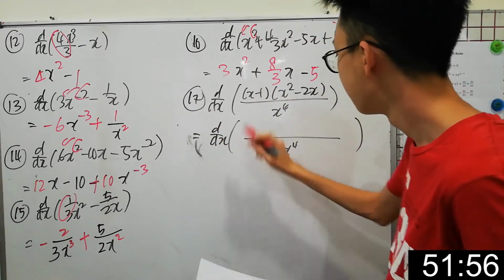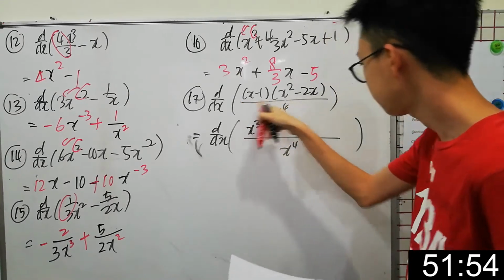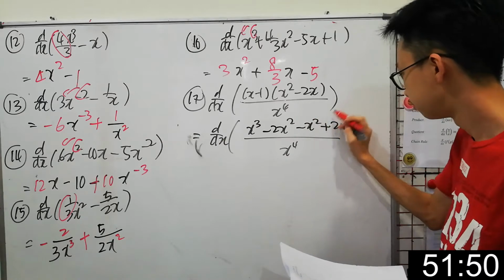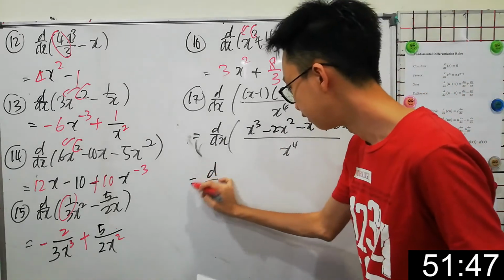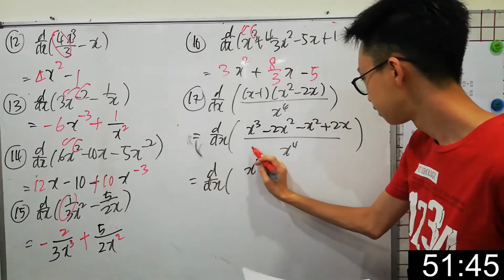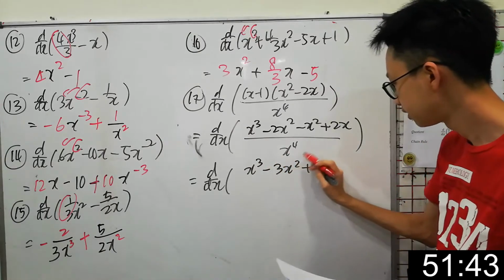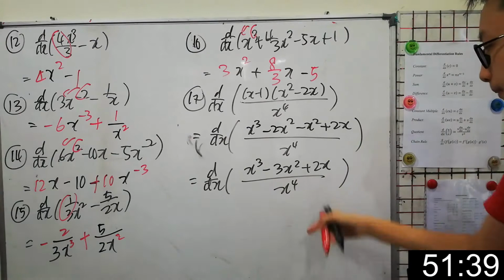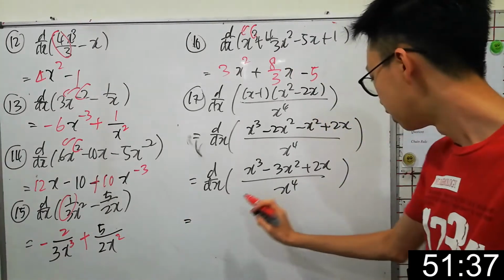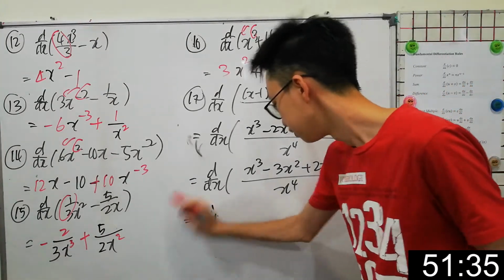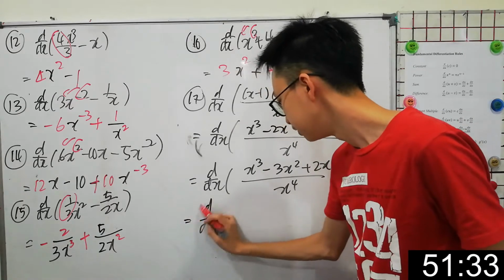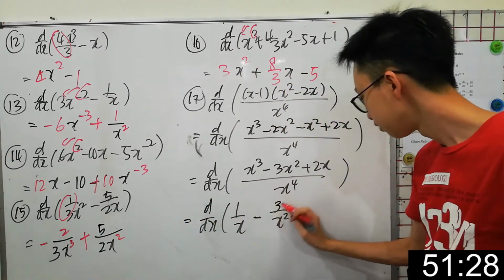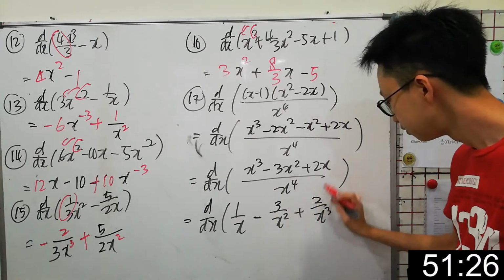On top we have x cubed minus 2x squared minus x squared plus 2x. Then you rearrange it. You have x cubed minus 3x squared plus 2x over x^4. Then you can just play with your indices. So this should be 1 over x. Sorry. So you have d/dx of 1 over x minus 3 over x squared plus 2 over x cubed.